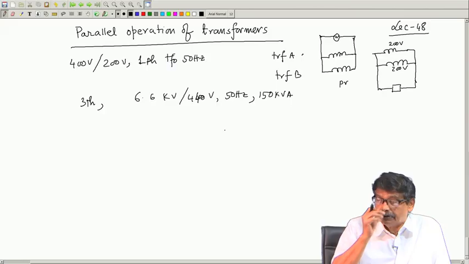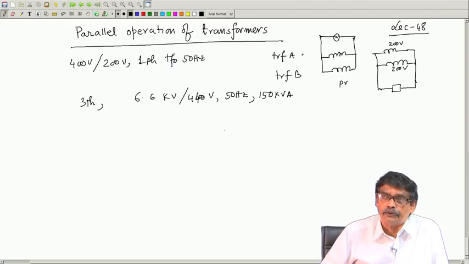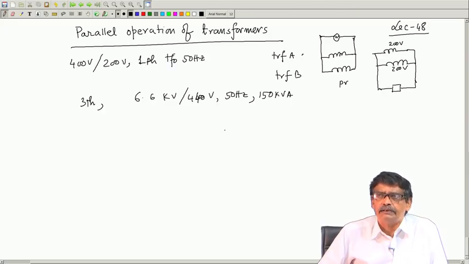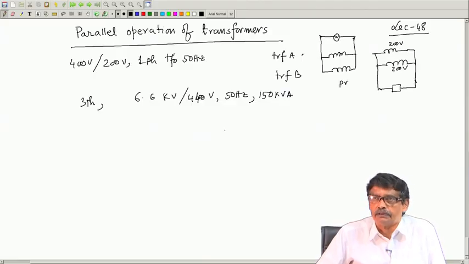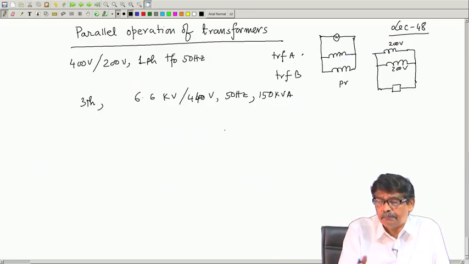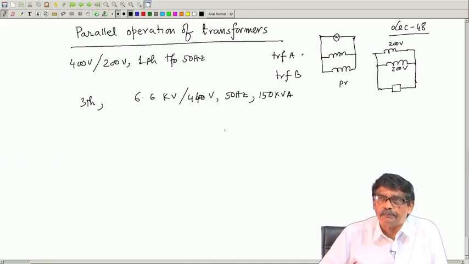But as you know, as the area is growing, every 5 or 7 years the load becomes doubled. Approximately, maybe after 10 years the power demand will become 300 kVA.